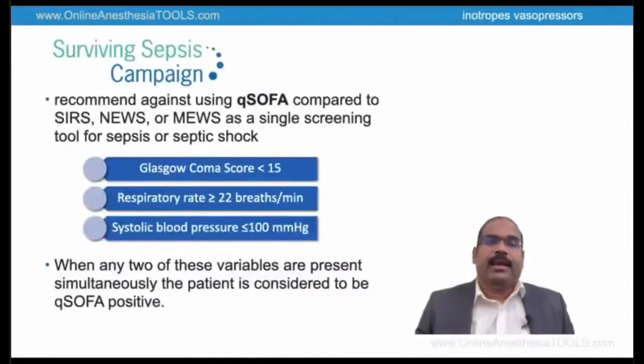It recommends against using qSOFA compared to SIRS or NEWS as a single screening tool for sepsis or septic shock. qSOFA involves Glasgow Coma Scale less than 15, respiratory rate more than 22 breaths per minute, and systolic blood pressure less than or equal to 100 millimeters of mercury. The easiest thing is when any two variables are present simultaneously, the patient is considered qSOFA positive, and you can proceed with a diagnosis of septic shock.